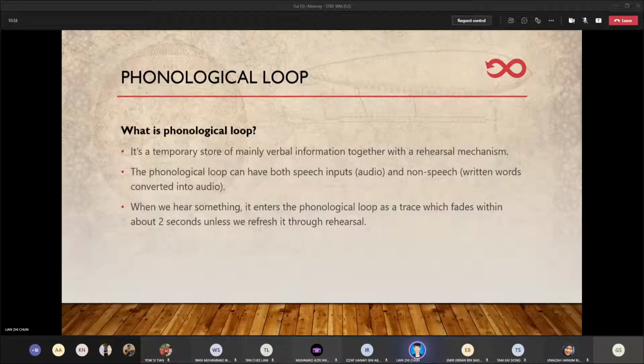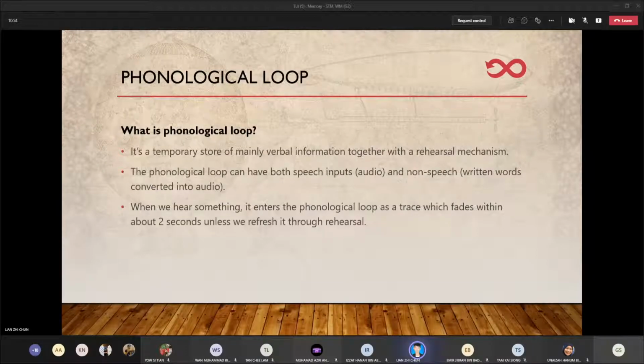What is the phonological loop? It is a temporary store of mainly verbal information together with a rehearsal mechanism. It can take both speech input or audio, and non-speech input, which is written words then converted into audio.